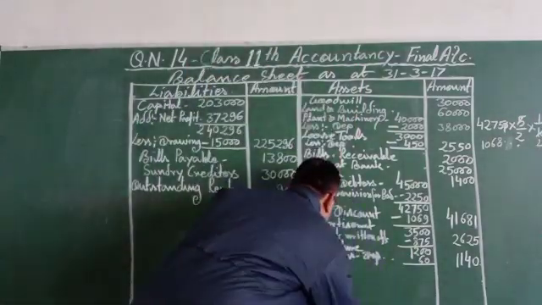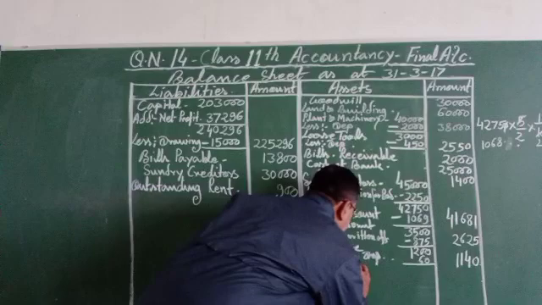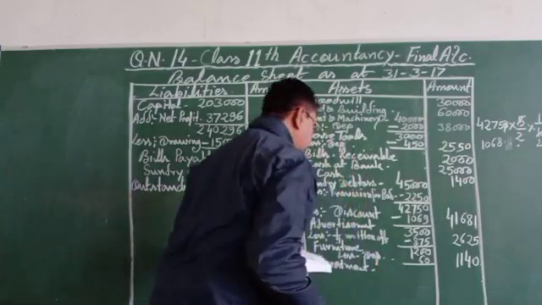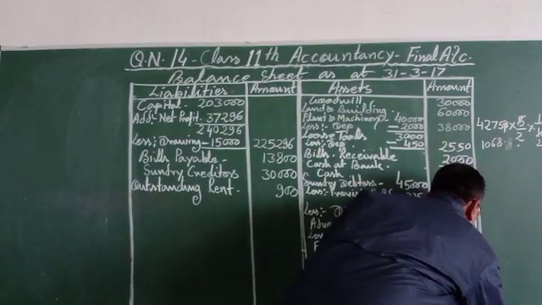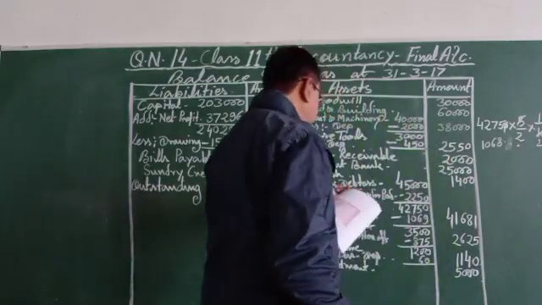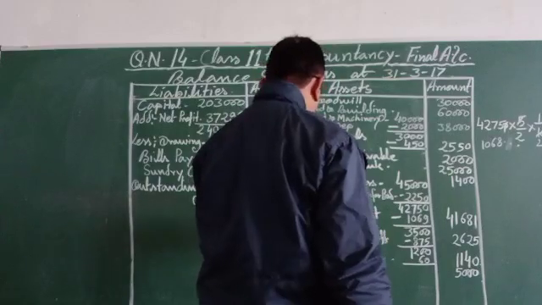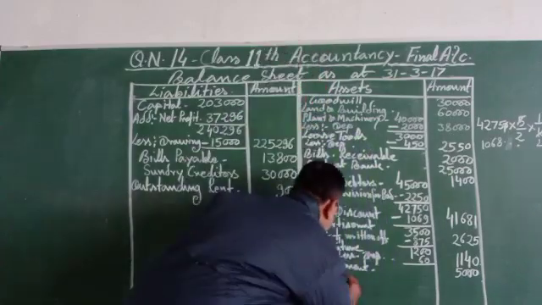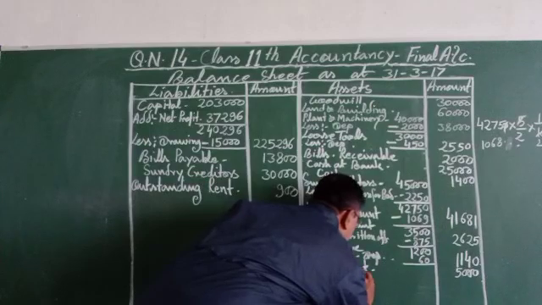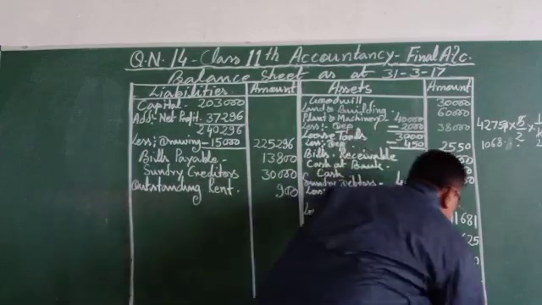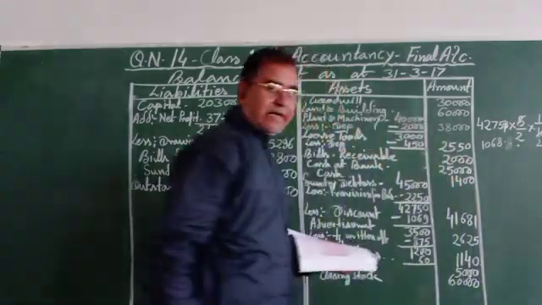Investment, the amount given is 5,000. Closing stock 60,000, you can see.